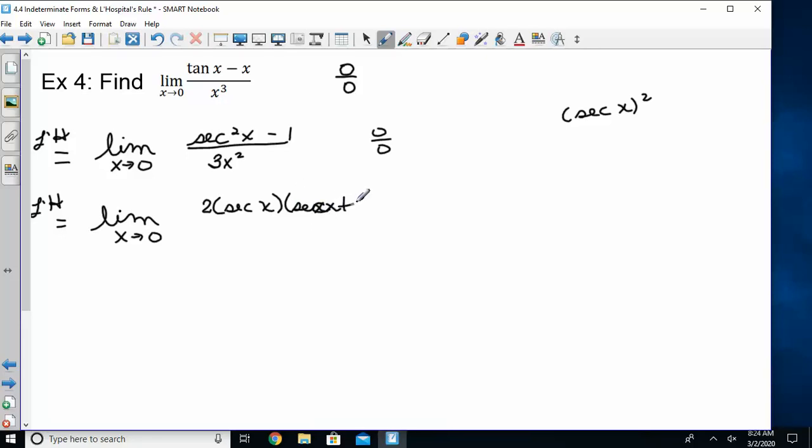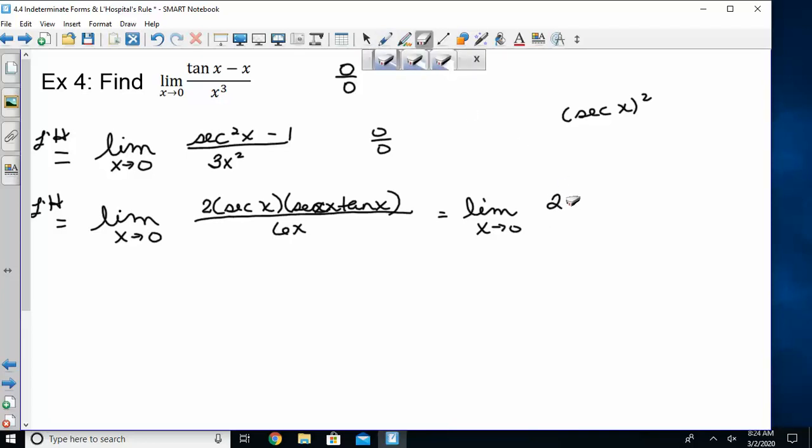You guys might need to refresh your trig derivatives. Minus, what's the derivative of 1? 0. Over a derivative of 3x squared? 6x. So we have the limit as x approaches 0. 2 over 6, I can reduce that to a 1/3. Secant squared x, tangent x, over 3x.